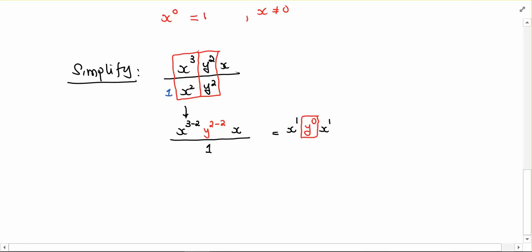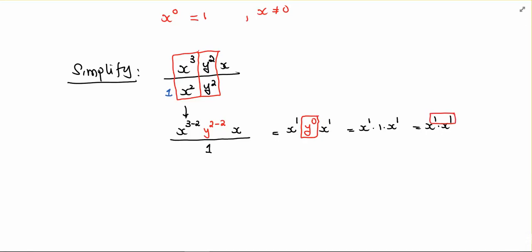So then this works out to be x to the 1 times 1 times x to the 1, or simply x to the 1 times x to the 1. Now that's multiplication, and we learned a product rule for multiplication in the last lecture. So we can now add these two and write the answer as x squared.